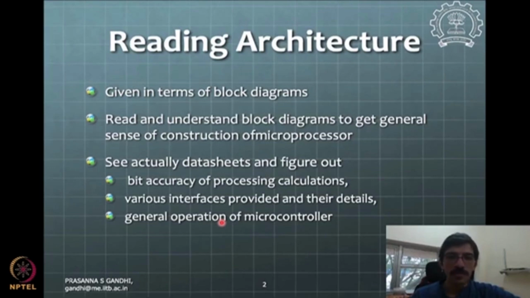So typically, the bit accuracy of processing these calculations: is it an 8-bit microcontroller or 16-bit or 32-bit accuracy? Then what all interfaces are provided by this microcontroller. If you start off with one of the base 8085 microprocessors, actually, it was the basic computer chip to begin with.